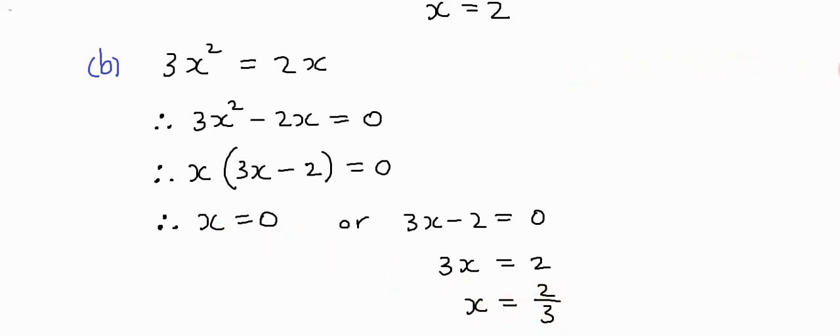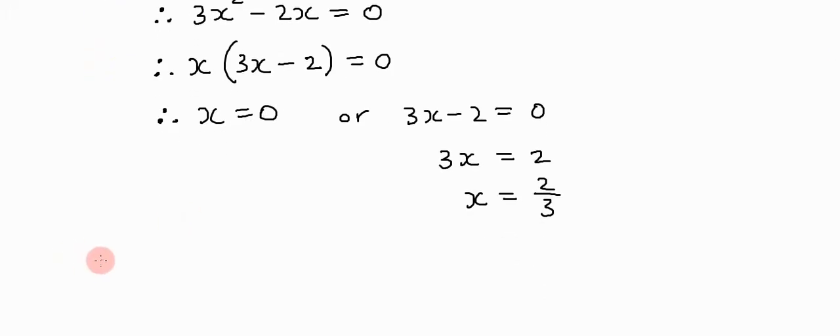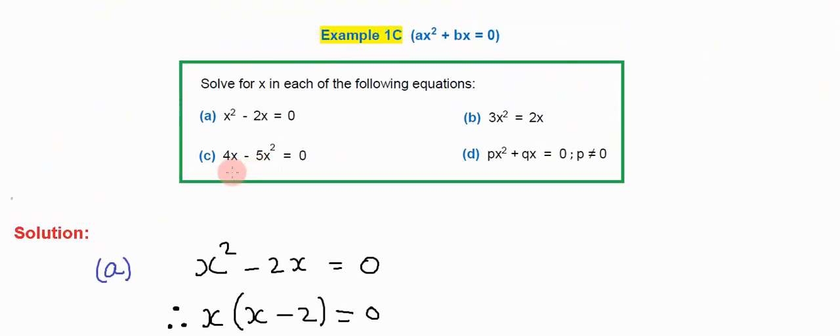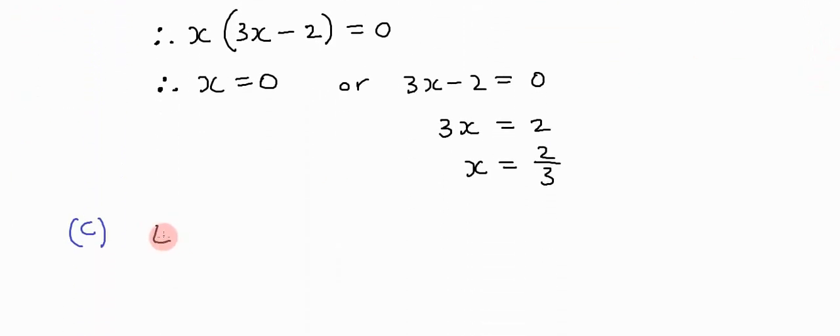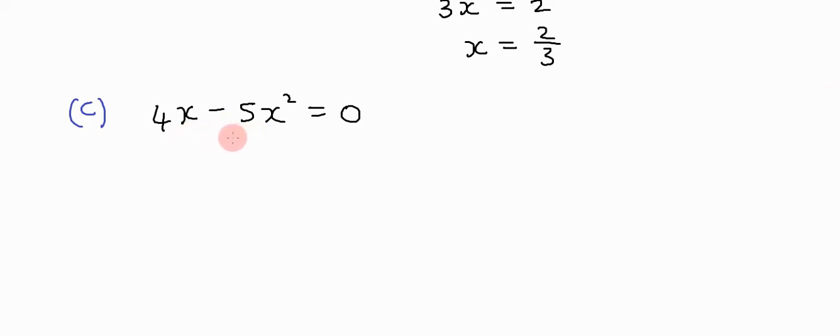Then going on to C. We have 4x minus 5x squared equals 0. Once again, we can take out x as a common factor.